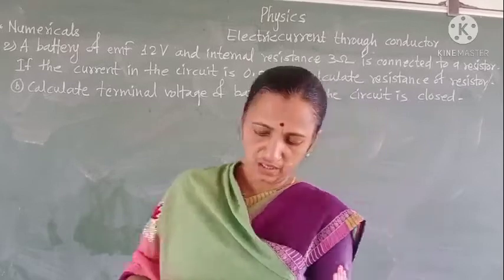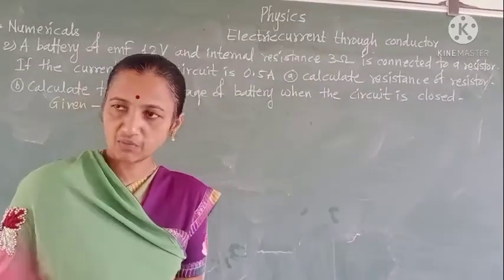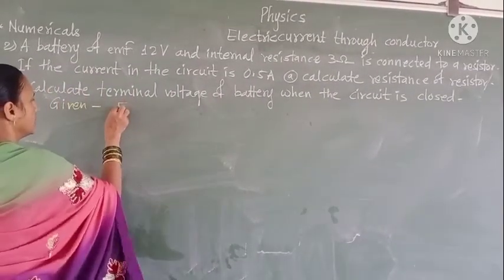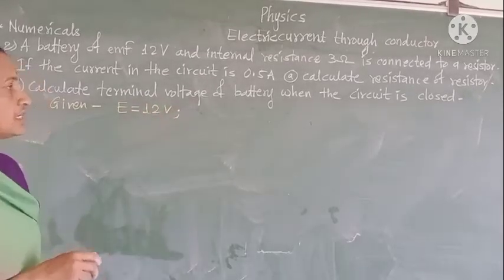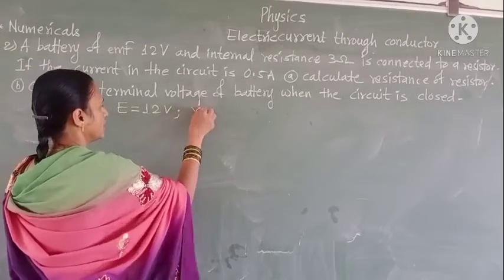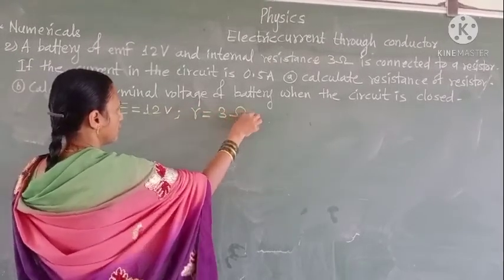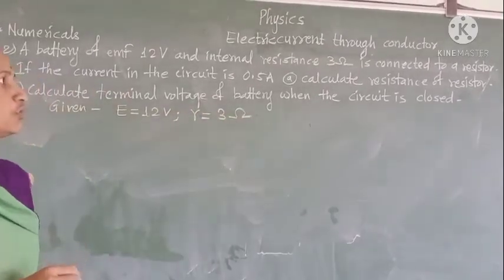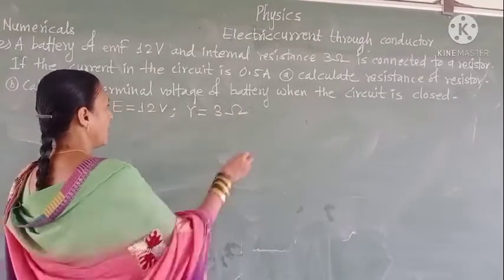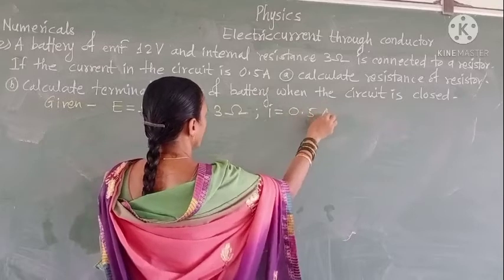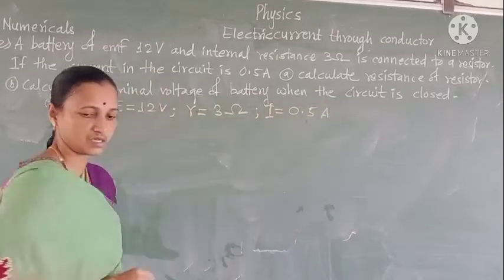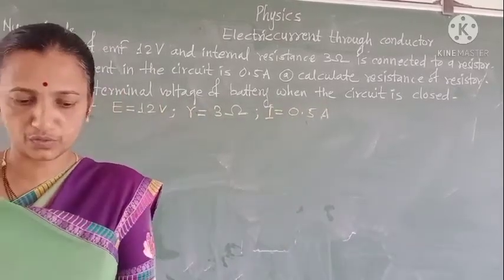First we write the value of the battery EMF, that is E having the value 12 volt. The internal resistance, which is denoted by the letter small r, is equal to 3 ohm. And I is the current having the value 0.5 ampere.